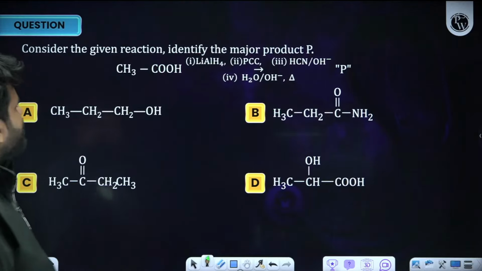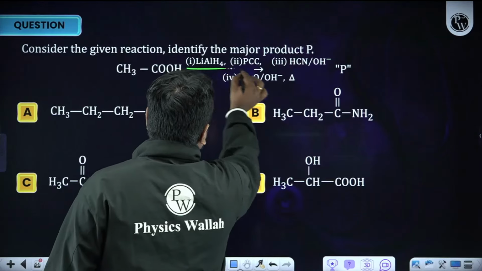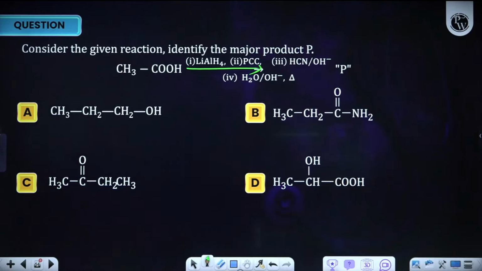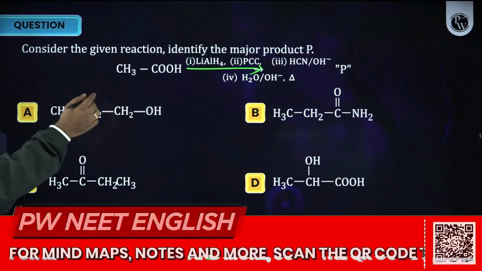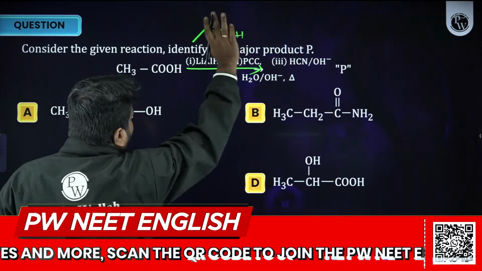Consider the given reaction. Identify major product P. So, first they are treating with 4 reagents. The starting material is acetic acid. First, we are treating this with lithium aluminum hydride, a reducing agent. Acid will give the corresponding alcohol.